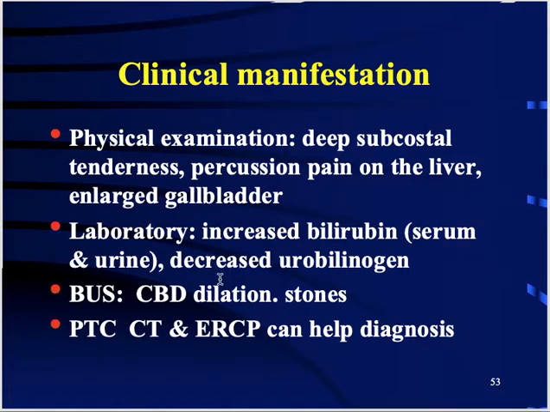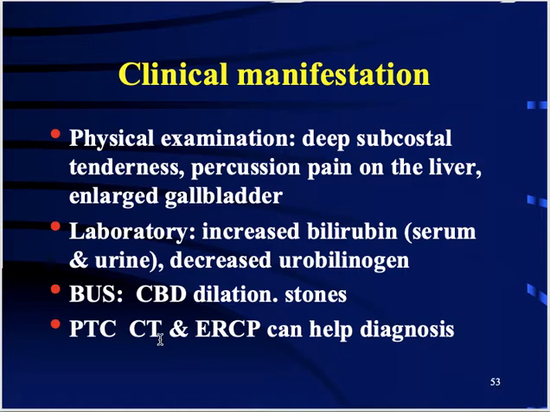Okay. And of course, other than that, you can go for any other investigations. You can go for ERCP, which is both diagnostic as well as therapeutic. We can go for percutaneous, and we can also go for CT scan, or MRCP, right?